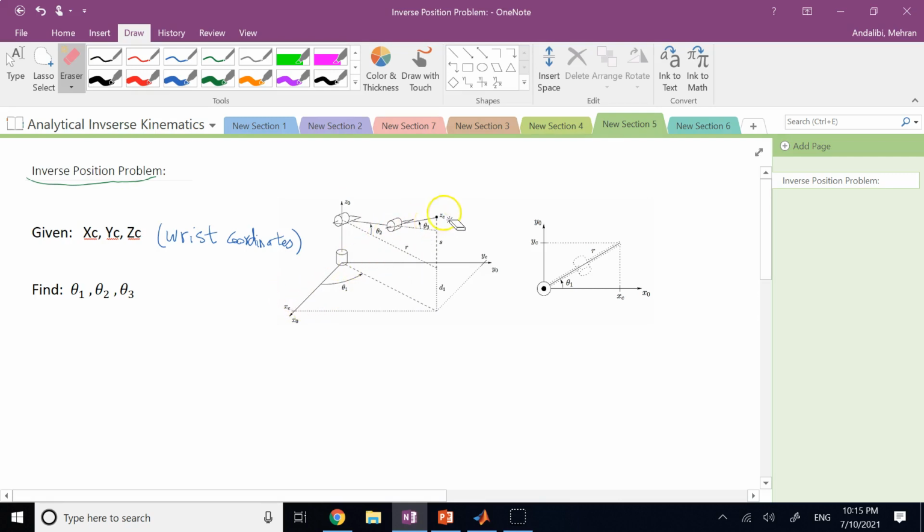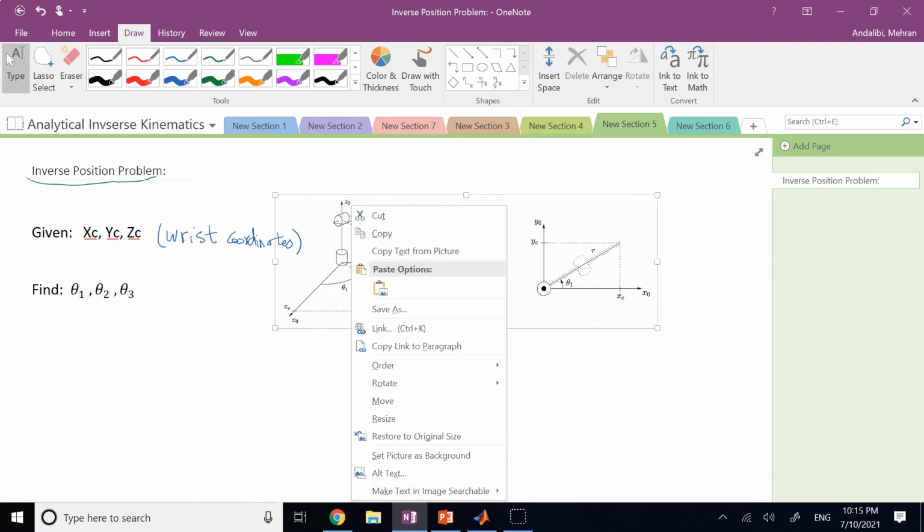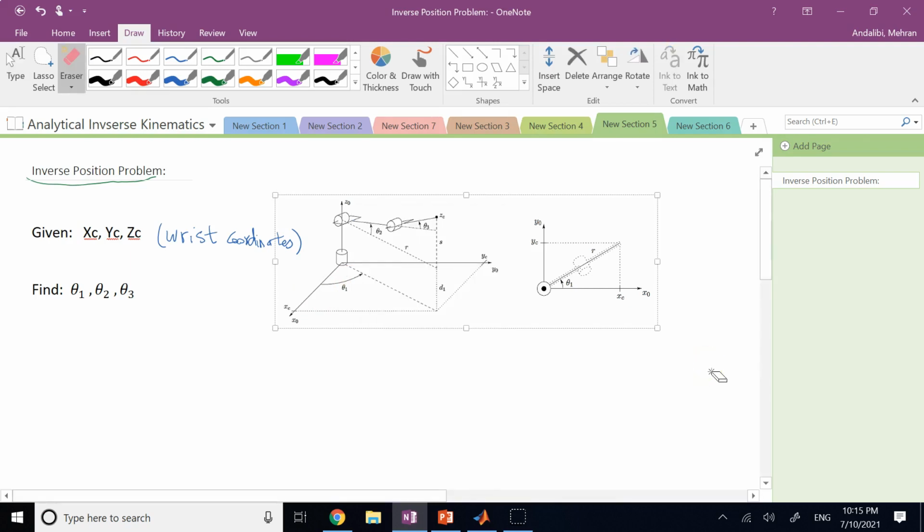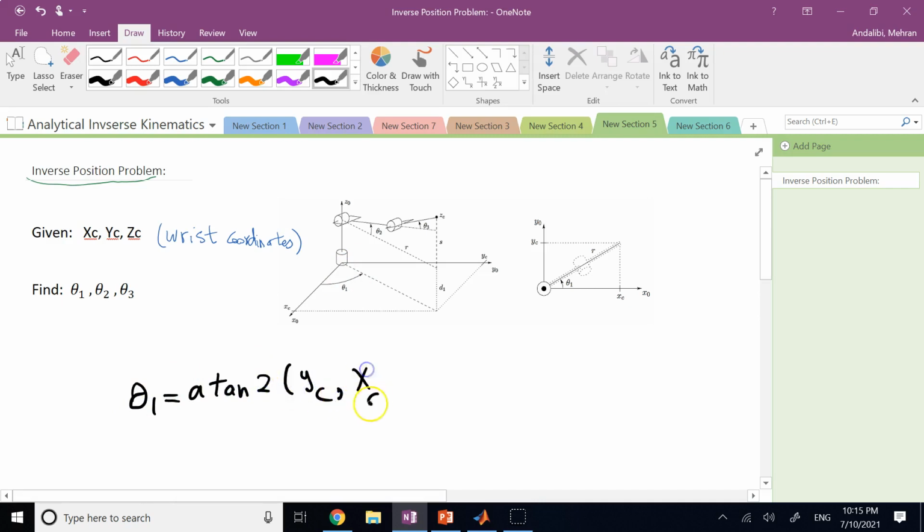Well, all I need here is to look at this guy in 3D and try to use some simple geometry to determine the angles. If you look at theta 1, you see clearly theta 1 has XC and YC in a triangle, so it is very obvious from here that your theta 1 is arctangent 2 of YC and XC.